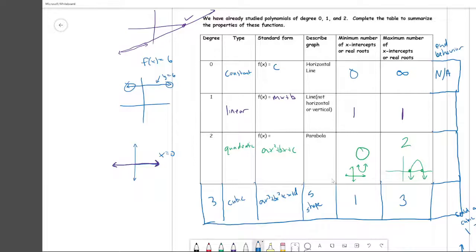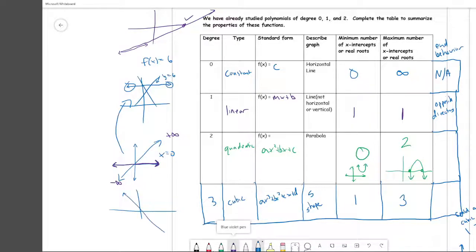For a linear function, the end behaviors always go in opposite directions. What do I mean by that? If I draw a straight line, one end behavior will be positive infinity, one will be negative infinity, as long as the line has a slope. And recall, if the line doesn't have a slope, we're talking about a constant, so I've already covered that possibility. If I draw this line, you can see that the end behavior is positive infinity and negative infinity, and they're always opposite. So I'm going to write opposite directions under end behavior.